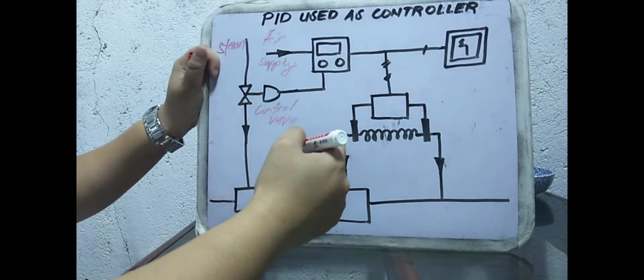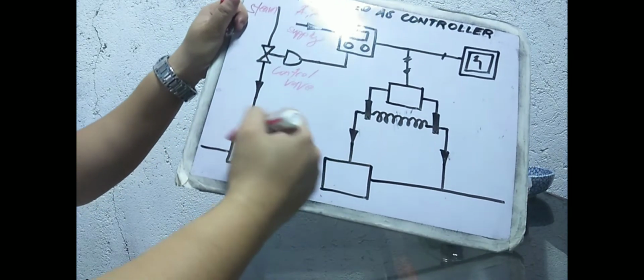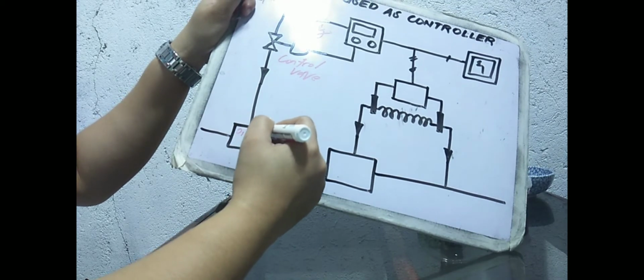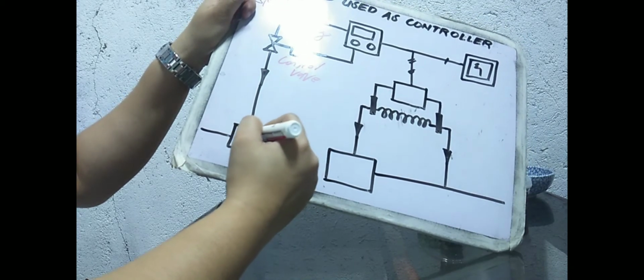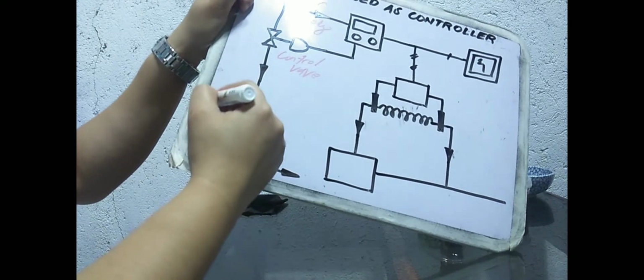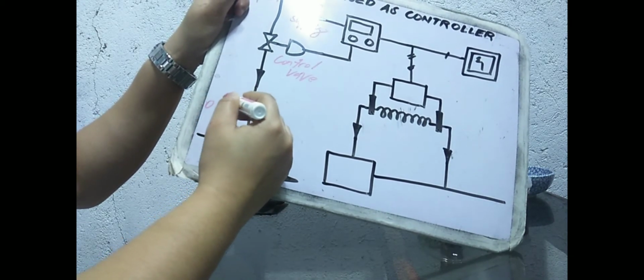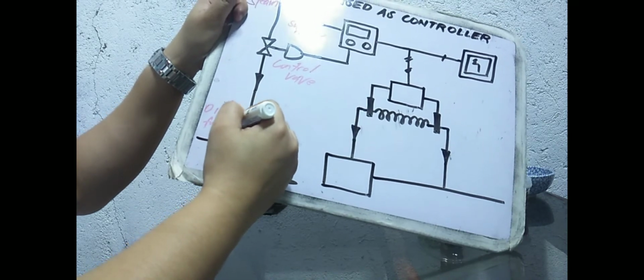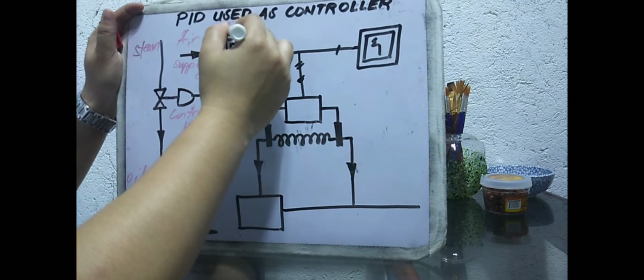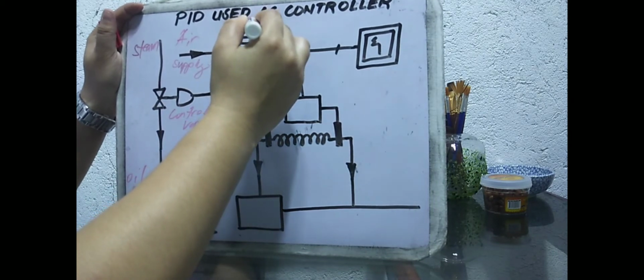Then next, the oil fuel heater, and this is of course the oil fuel. This one is the controller.